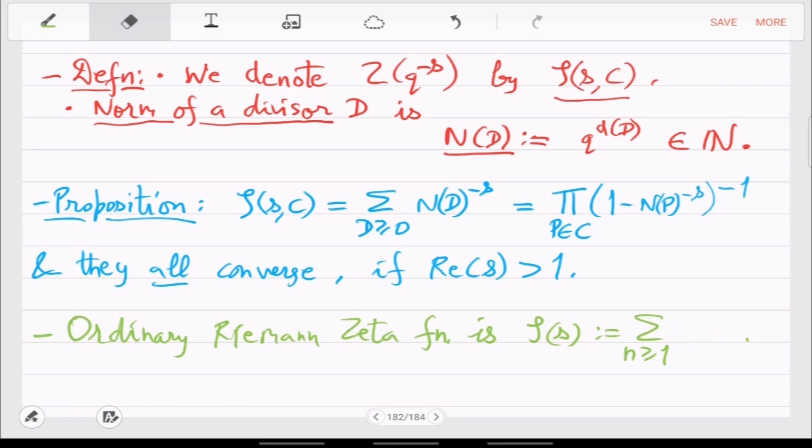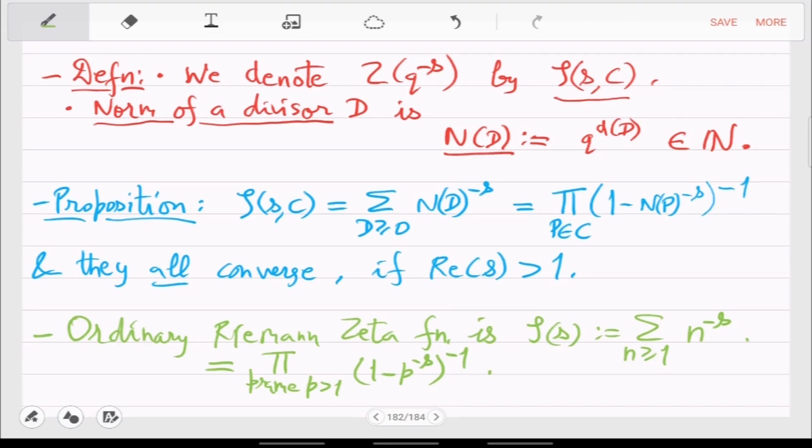Let's write it in exactly that form. Right, so the norm exponentiated with minus s. So it's exactly the same form. And by Euler's identity, you can express it in terms of prime numbers. It factors. Right, you can just match it term by term and see that this is actually an identity.